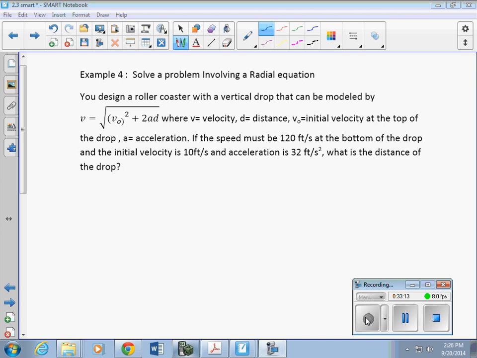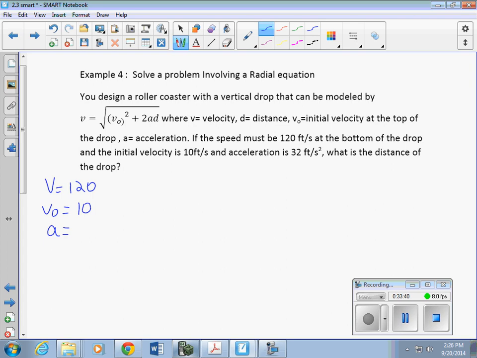So they've already told you that v is equal to your velocity. They've told us here that the velocity or the speed at the bottom is 120 feet per second. So that is the velocity we've achieved. 120 goes in there. Our initial velocity, they said, was 10 feet per second.